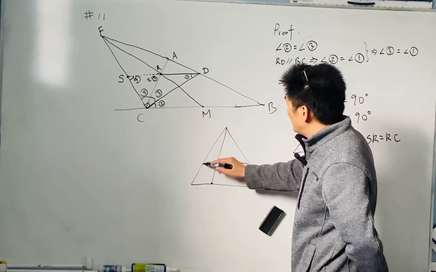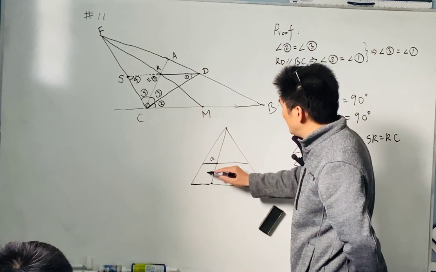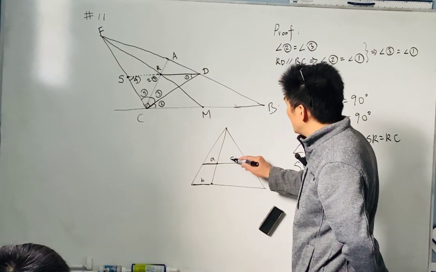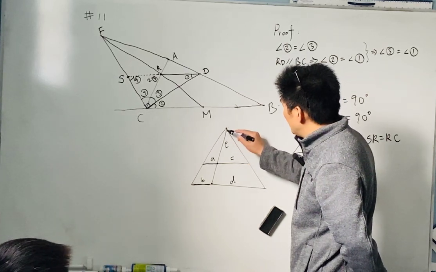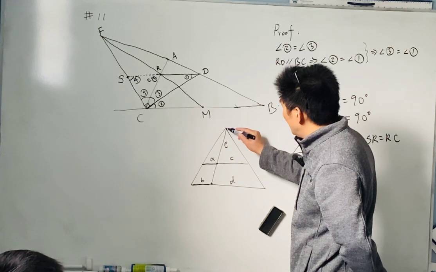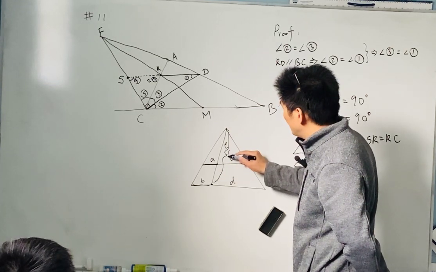So this side over that side: I'll make that A, this is B, this is C, this is D, and this thing here is E, and this longer one here is F.